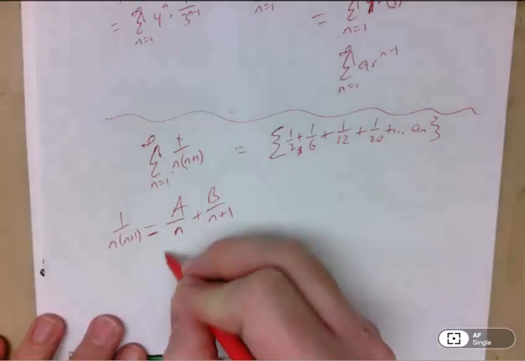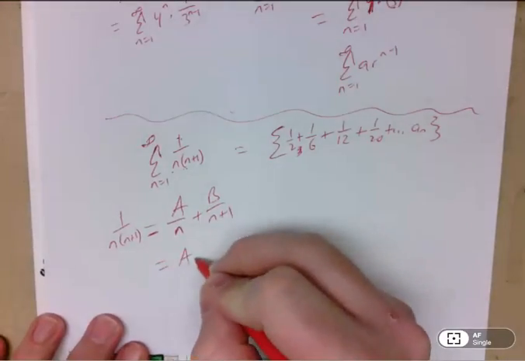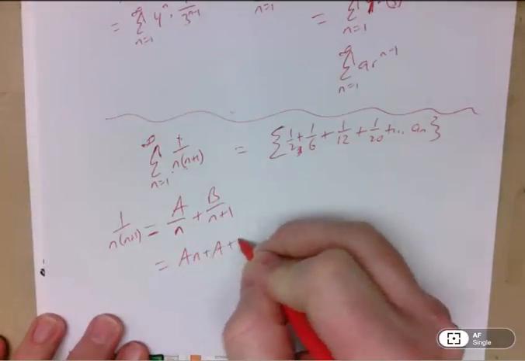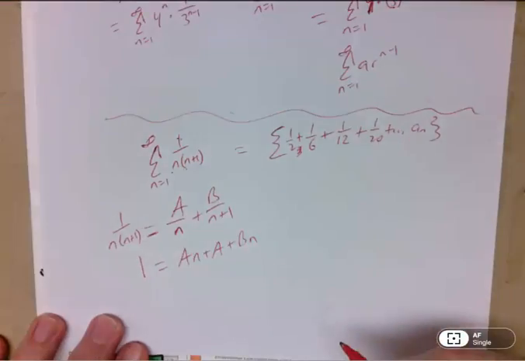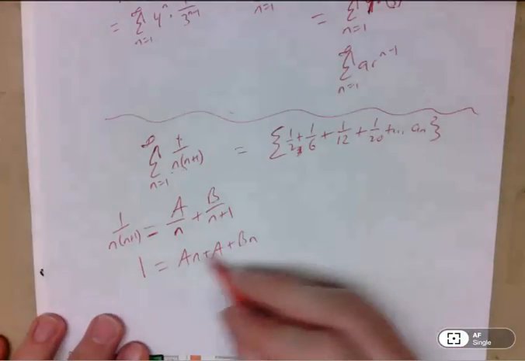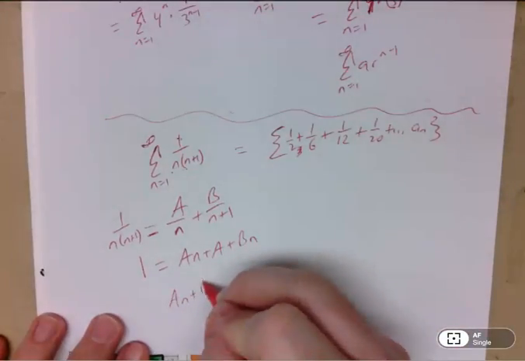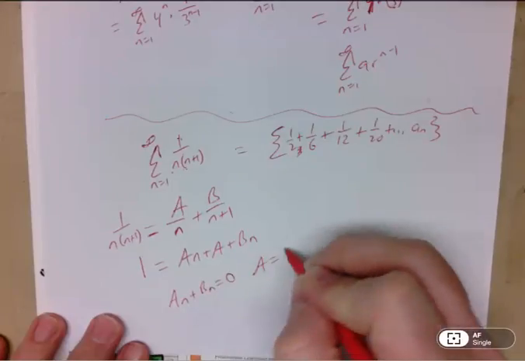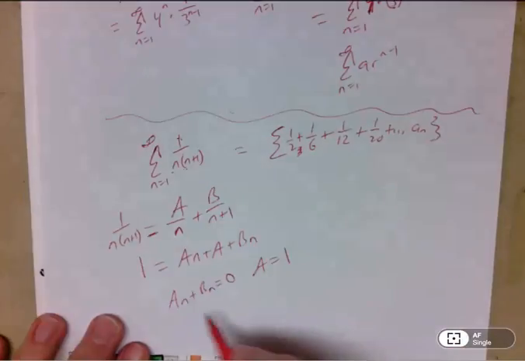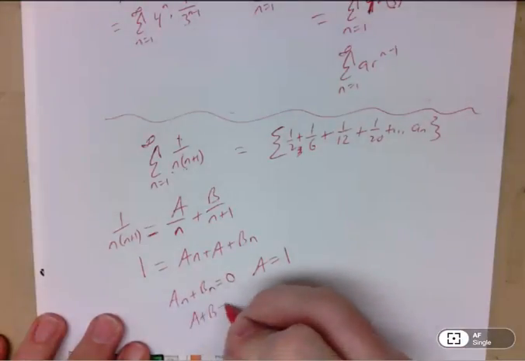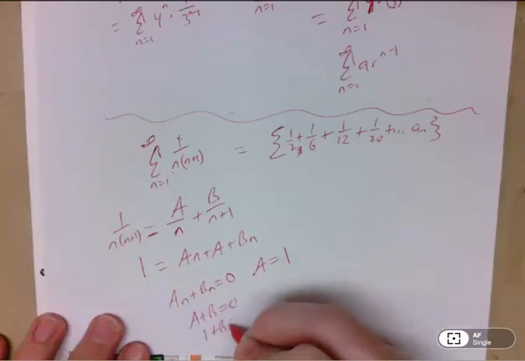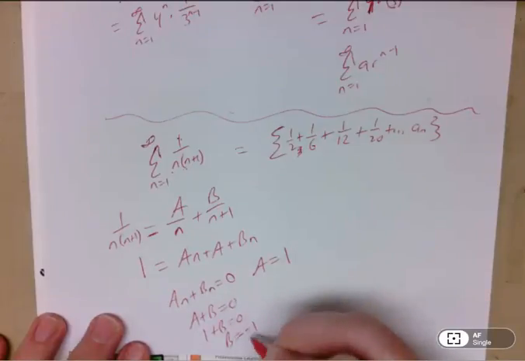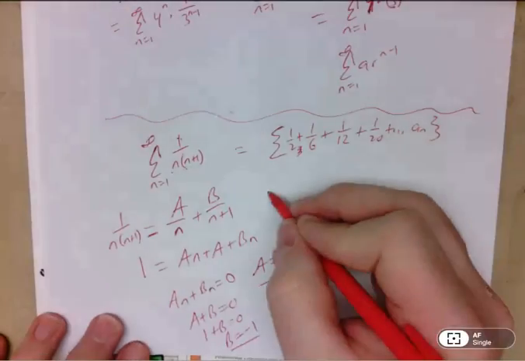Okay? So this becomes an plus a plus bn, and that has to equal 1. So I know my an and bn, right? an plus bn must equal 0, and a must equal 1. Well, that's convenient, right? So a plus b equals 0. 1 plus b equals 0, so b equals -1. So now I can rewrite this.